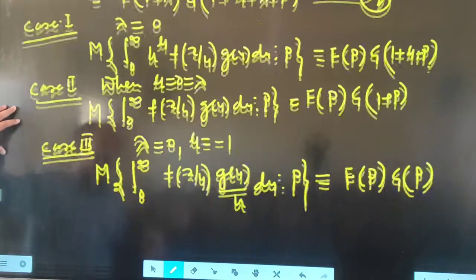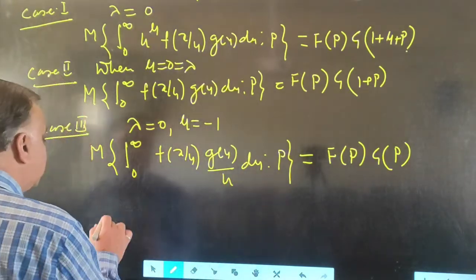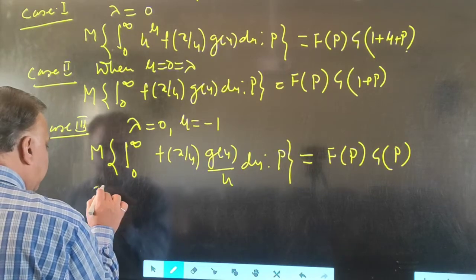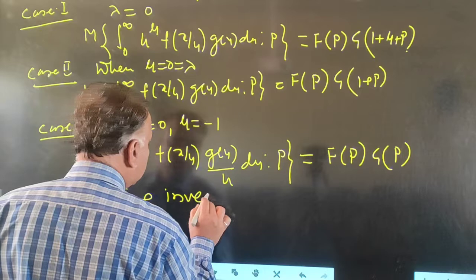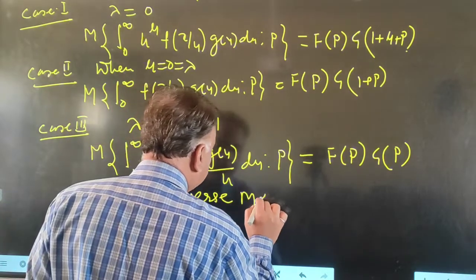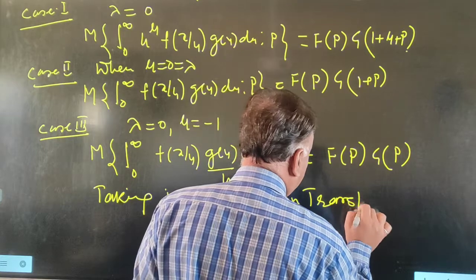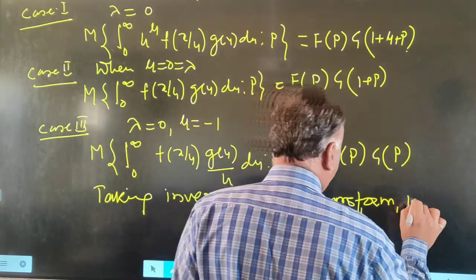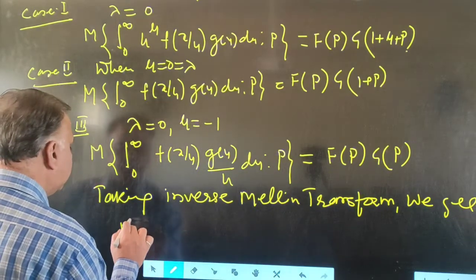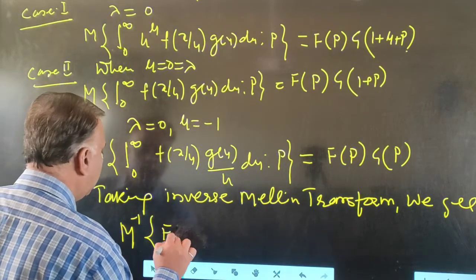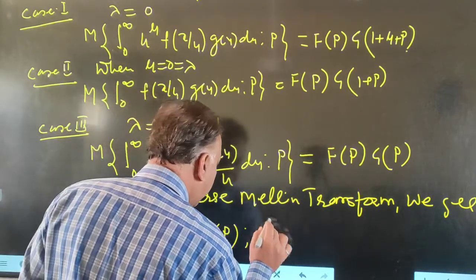If we take the inverse Mellin transform on both sides, we get an important result, which is the inverse Mellin transform of F(p) into G(p) with respect to x.